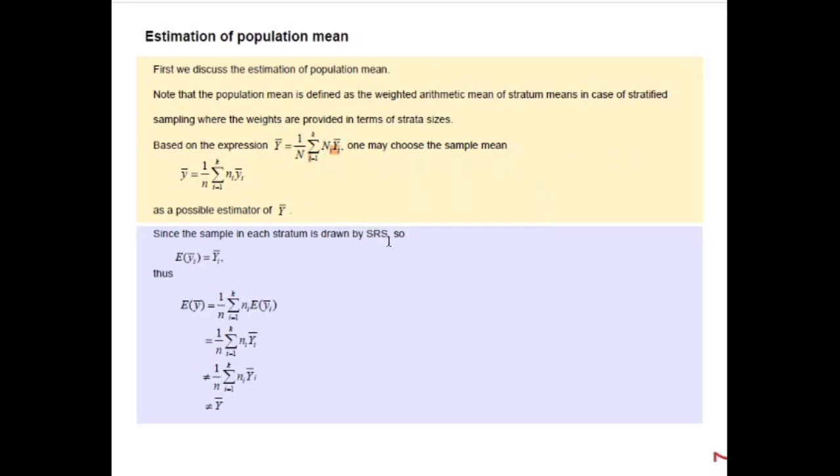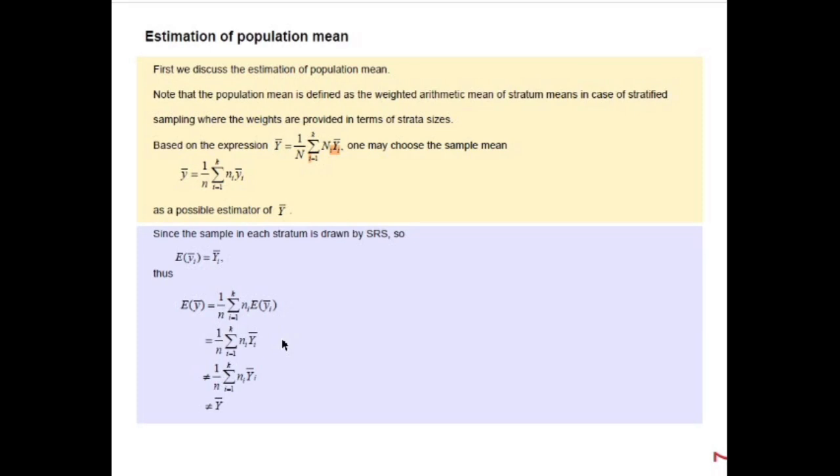Okay, so since the sample in each stratum is drawn by SRS, the expected value of small y bar of i is equal to capital Y bar of i, which you have to show here. So if you apply the expected value, what is the formula of that? That is n into the expected value of y bar of i, which is equal to capital Y bar.